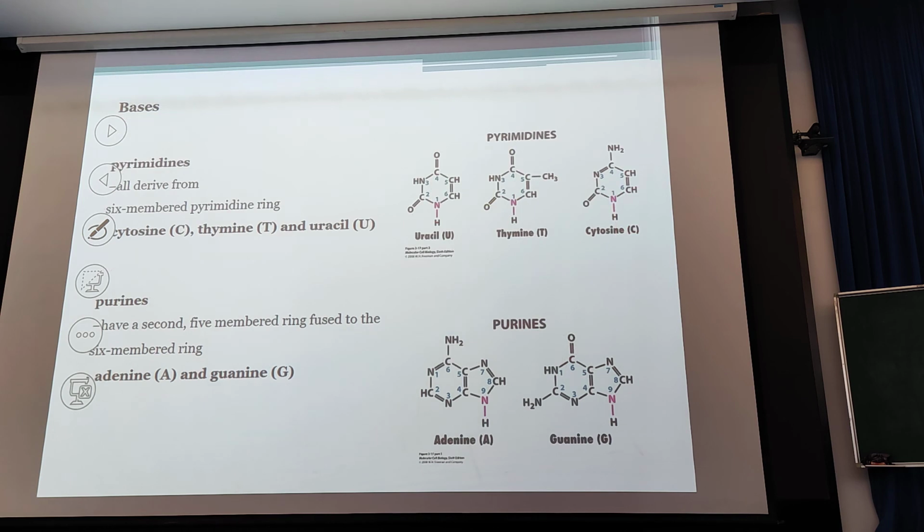We have two types of bases. The first are pyrimidines, from pyrimidine rings. We have cytosine, thymine, and uracil. Uracil only appears in RNAs.